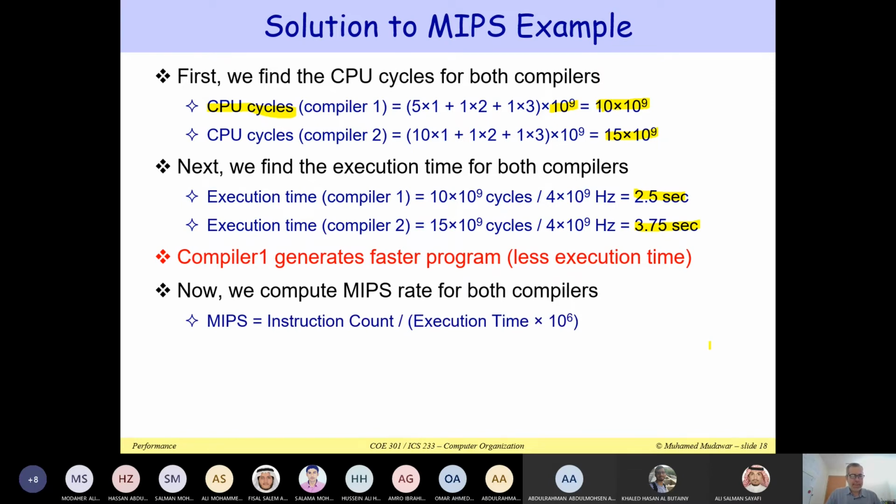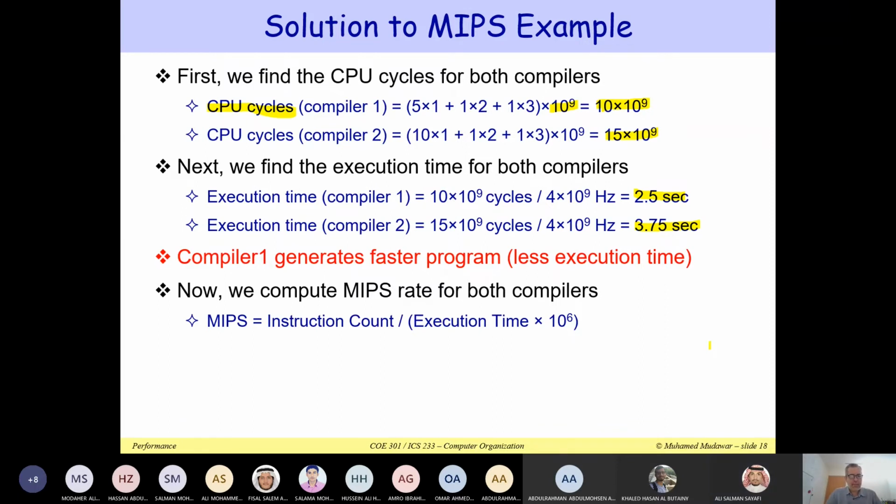So the MIPS rate is the instruction count divided by the execution time divided by 1 million, because we would like to get it in MIPS, millions of instructions per second. So what is the instruction count for compiler 1? 7 billion. Yes, it's 5 plus 1 plus 1.